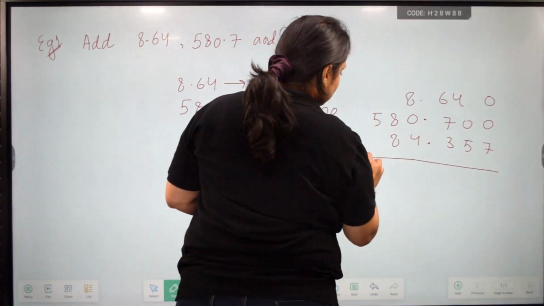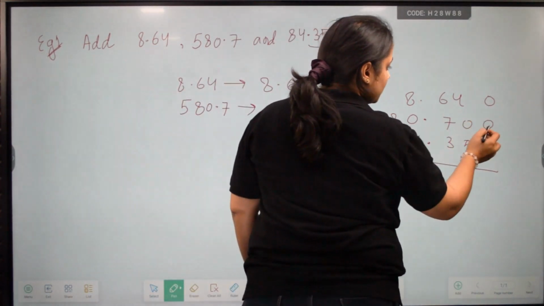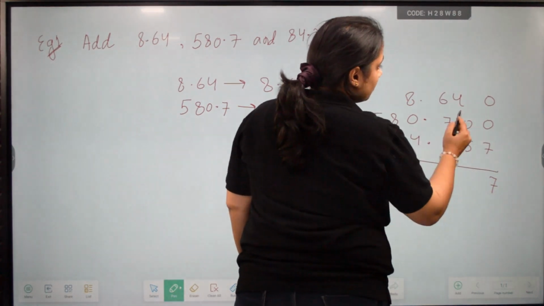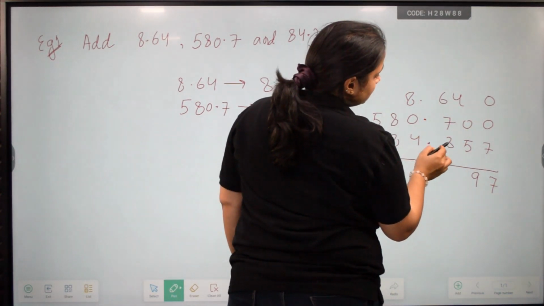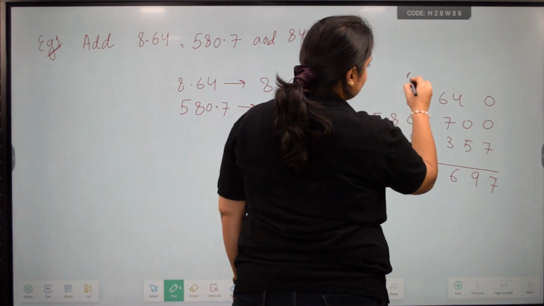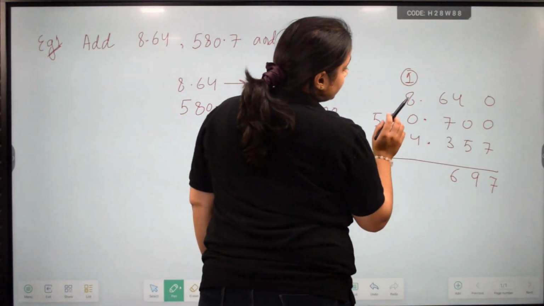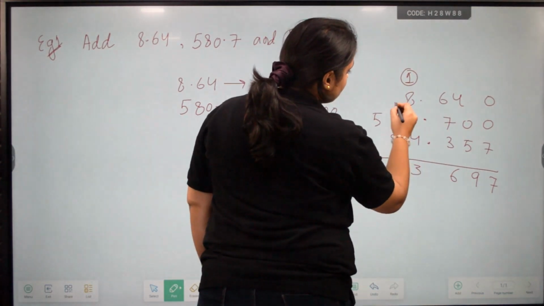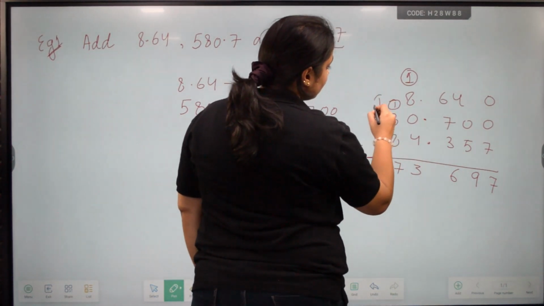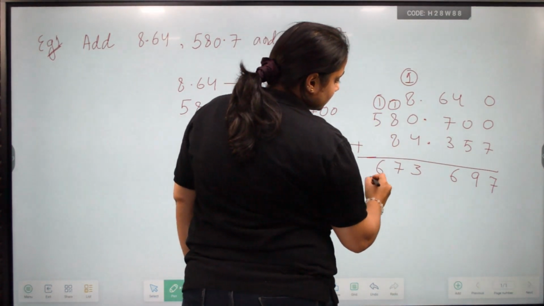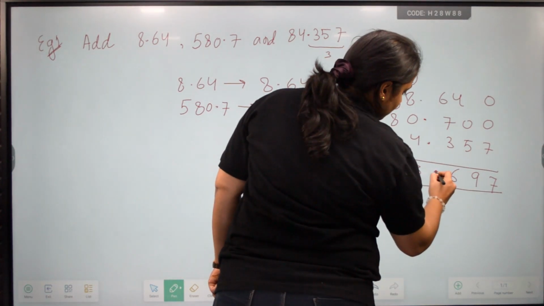Now add these numbers. 0 plus 0 plus 7 is 7. 4 plus 0 plus 5 is 9. 6 plus 7 plus 3 is 16. 1 carry. 1 plus 8 plus 4 is 13. 1 goes for carry. 1 plus 8 plus 8 is 17. And 1 plus 5 is 6. Place the decimal point here.